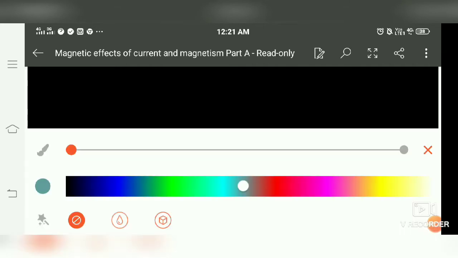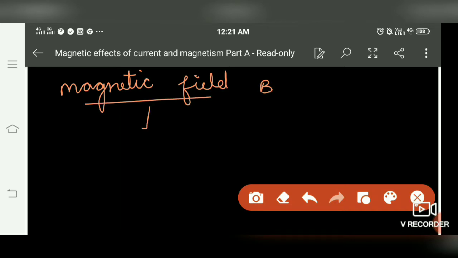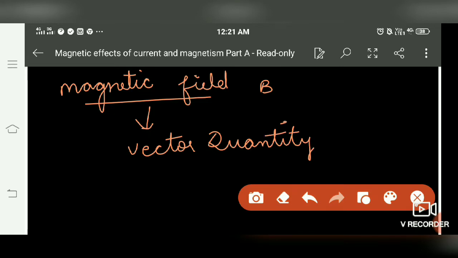So we can say here that magnetic field is represented by symbol B. It's a vector quantity, so it has an arrow on its head like this. Its unit is Tesla.